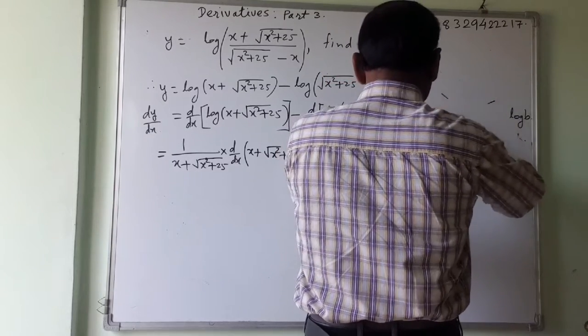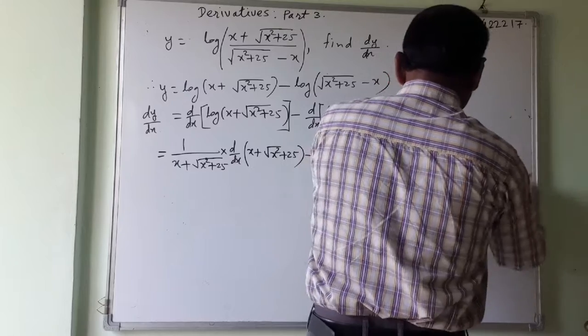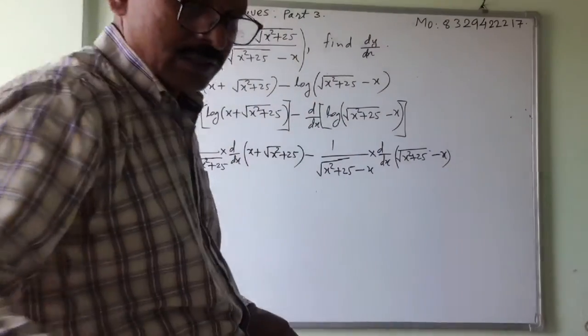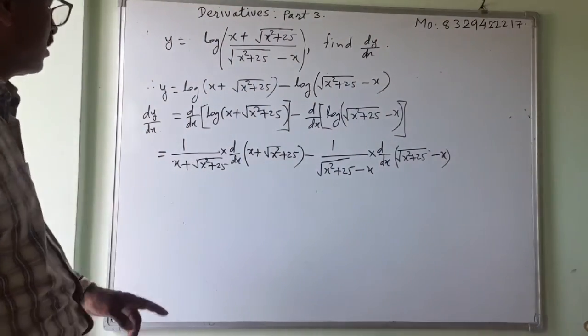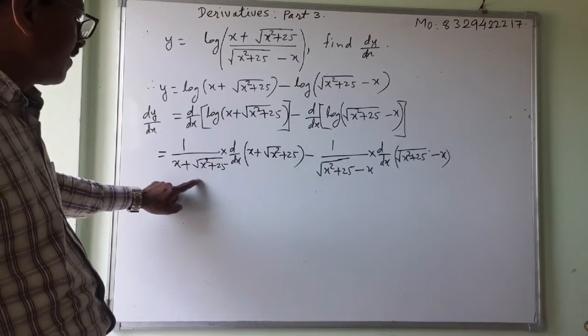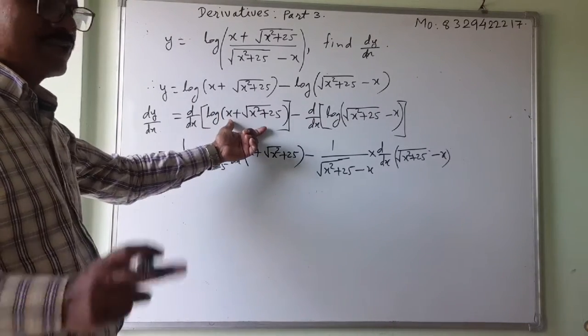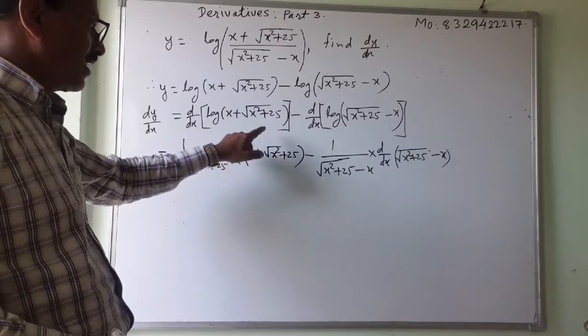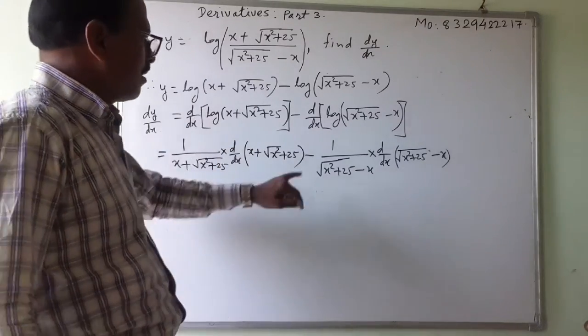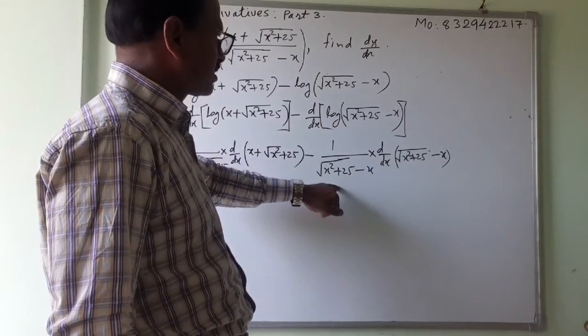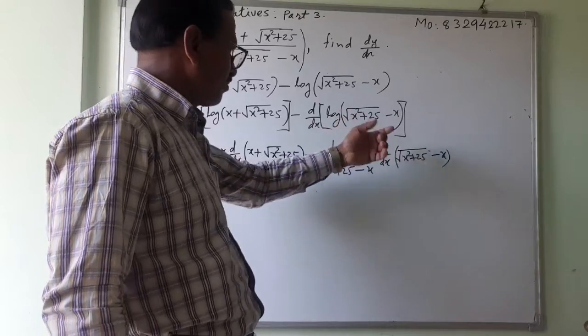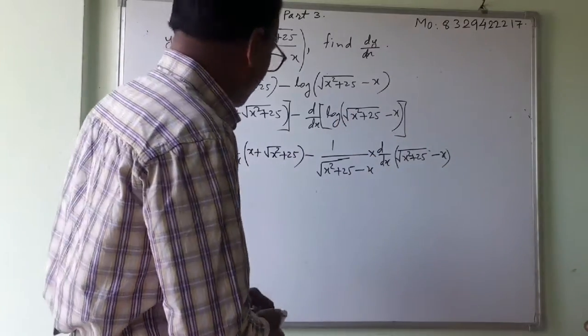So the derivative of log is 1 upon. Then this is a different function, it is not x, so multiply by its derivative. This is called the chain rule. Minus derivative of log is this, into derivative of this, I am just writing it.